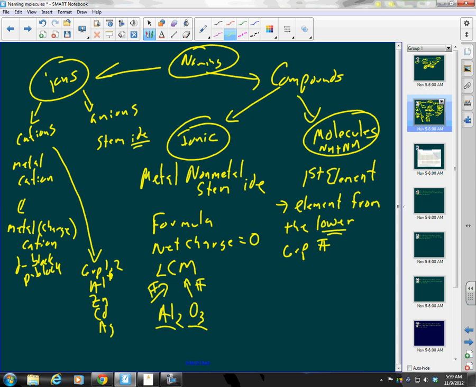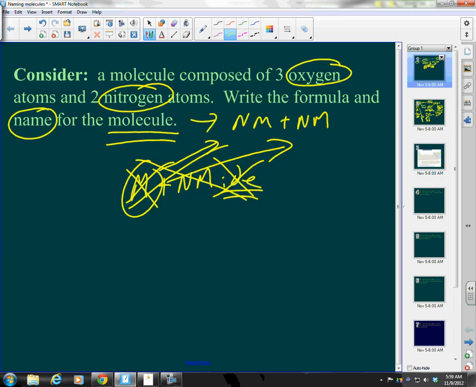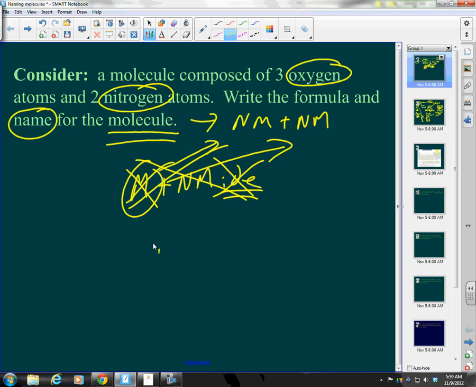Looking at oxygen and nitrogen, oxygen is in group 16 and nitrogen is in group 15. Which one is the lower group? 15 is the lower group, meaning I'm going to put nitrogen first, followed by oxygen.